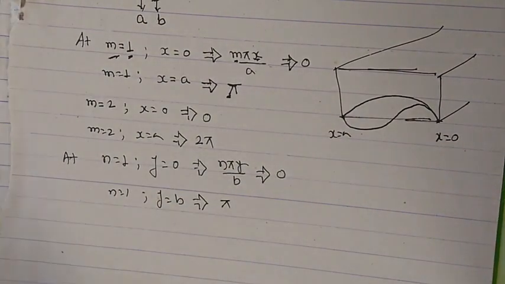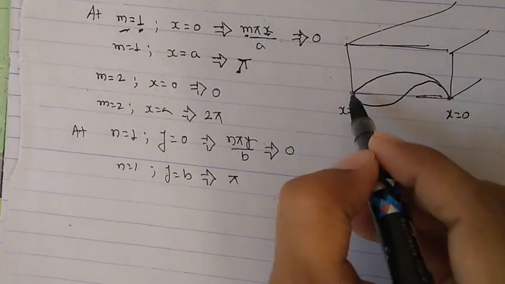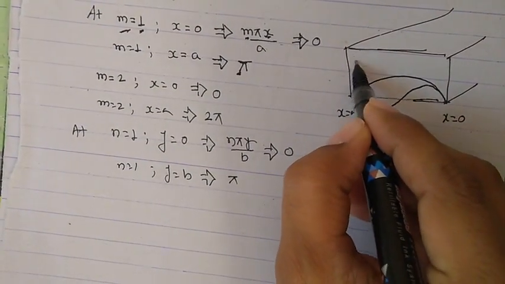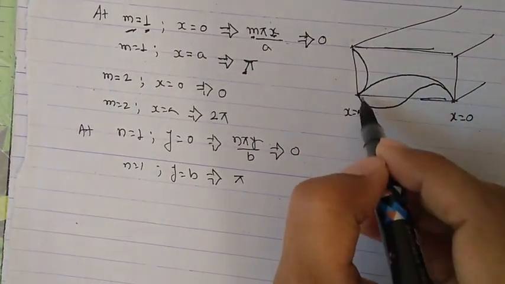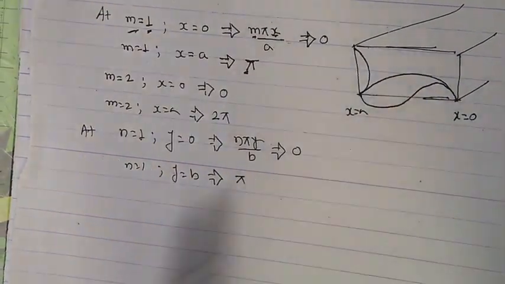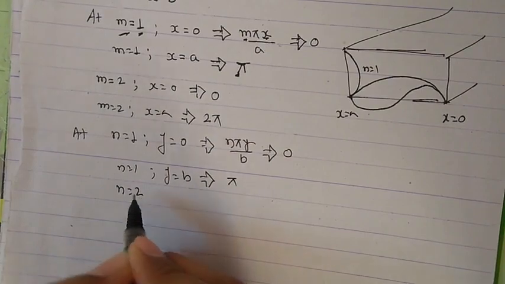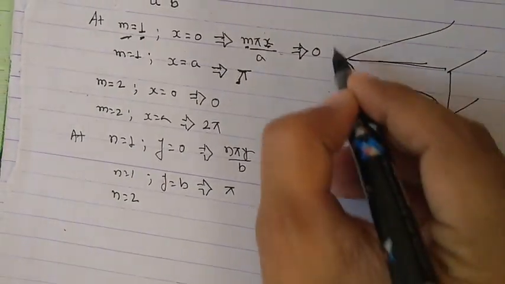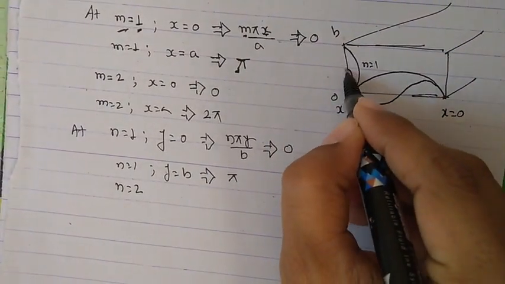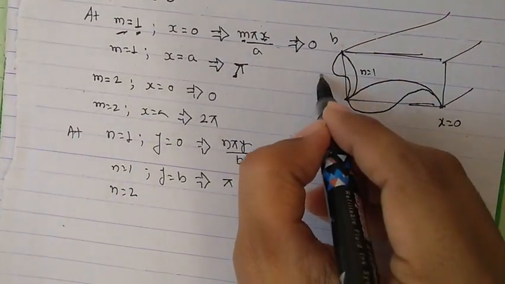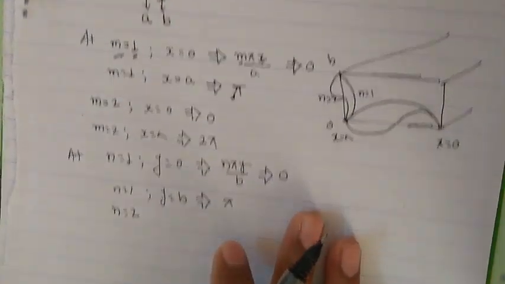So you have essentially a half field variation along the narrower dimension if n equal to 1. Similarly, if n equal to 2 and you vary from y equal to 0 to y equal to b, again you have two half field variations. So that is the meaning of m and n.